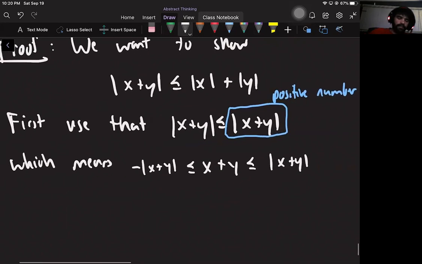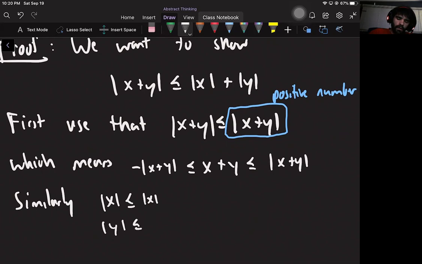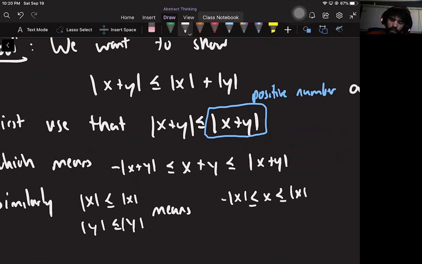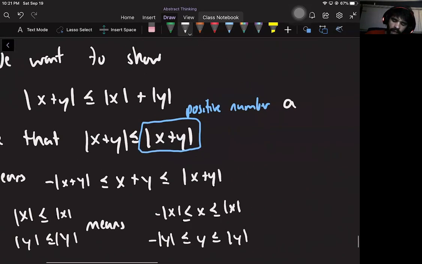And then similarly, I'm going to do the same thing for x and y on their own. I'm going to use that same property. So the absolute value of x traps x when I stick a negative in front of it on either side. It's got to be less than or equal to them. Okay, and then I'm going to add these two up.